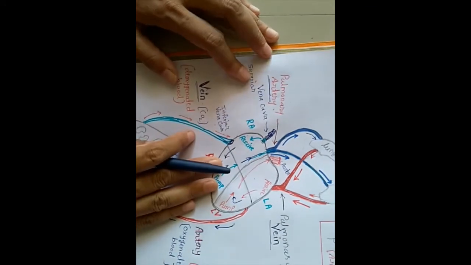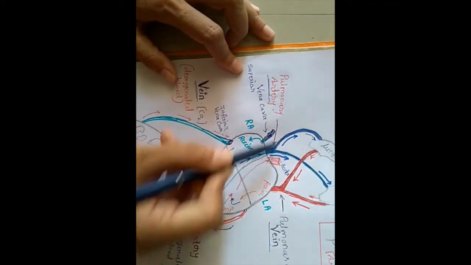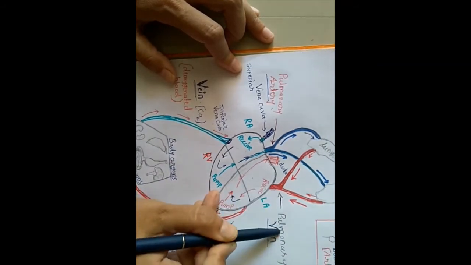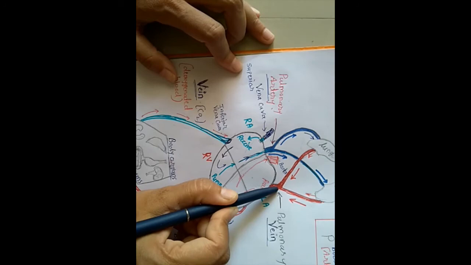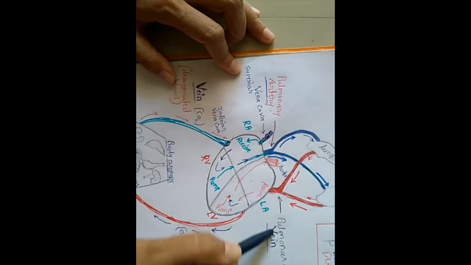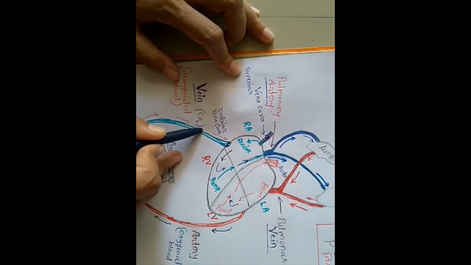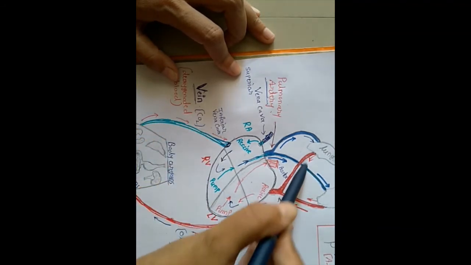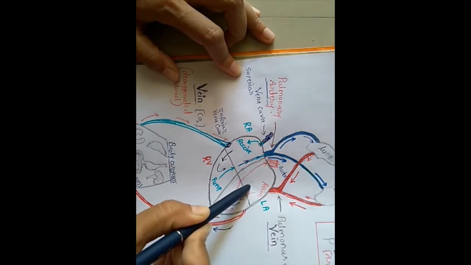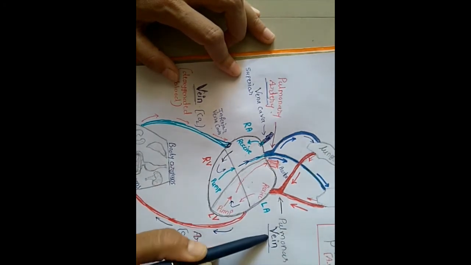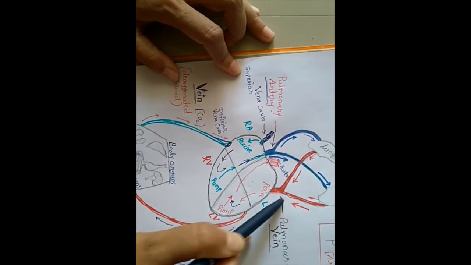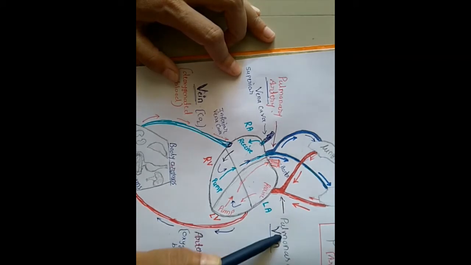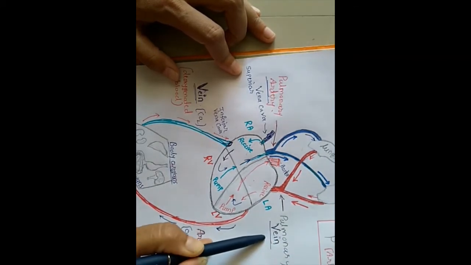I have already explained why it is known as the pulmonary artery and why it is known as the pulmonary vein. Though this pulmonary vein carries oxygenated blood, still it is a pulmonary vein, because the rule is that blood flowing towards the heart is carried by a vein. So this vein carries oxygenated blood from the lungs towards the heart, that's why it is the pulmonary vein.